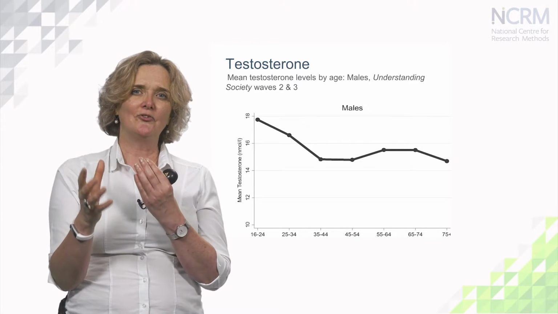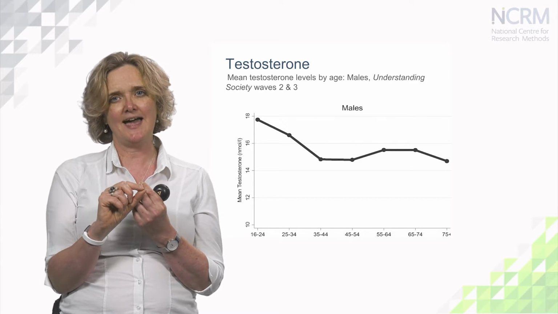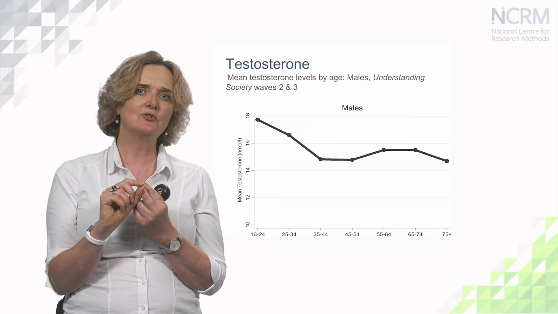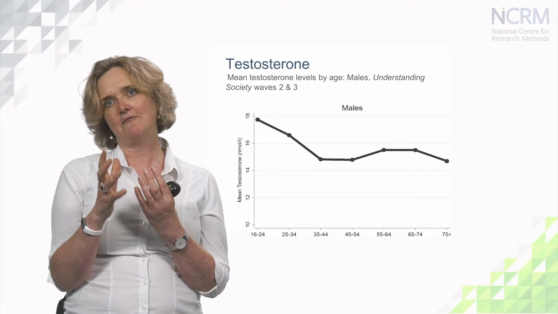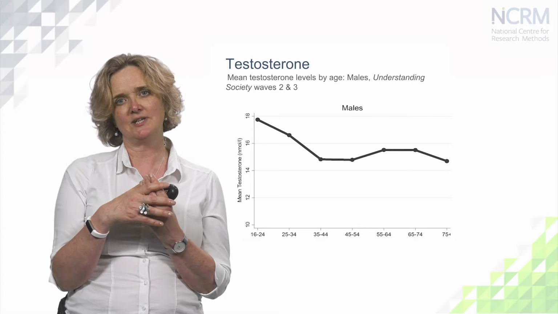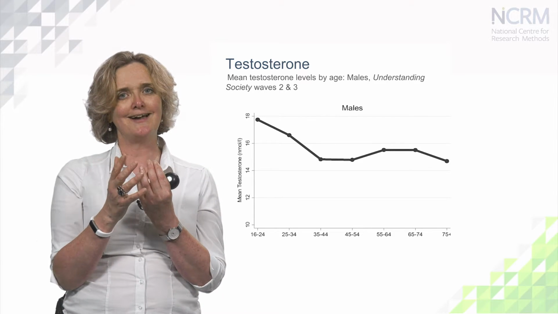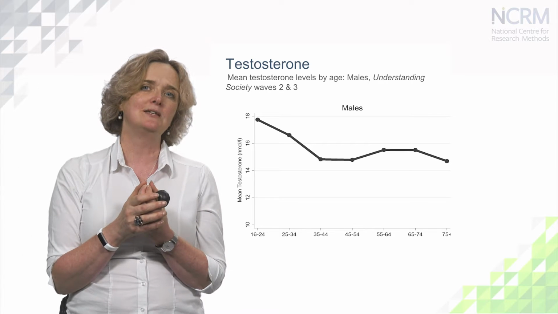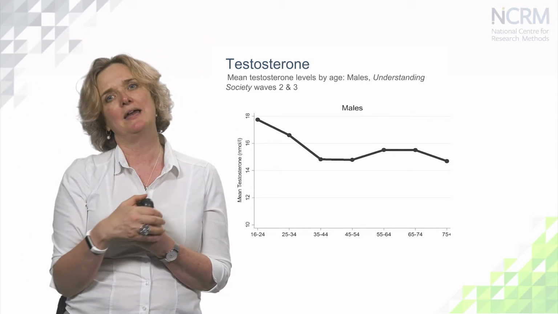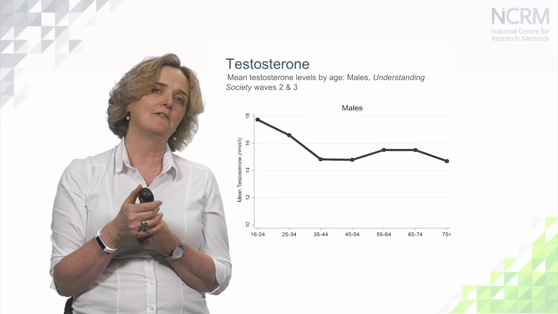And this shows that if you don't think about the time of day when somebody's interview took part, you might have misleading understanding of your data. So this suggests that actually testosterone doesn't decline in old age, but it does. It's just that the older men were interviewed in the morning and the younger men were interviewed in the evening after they came back from work.